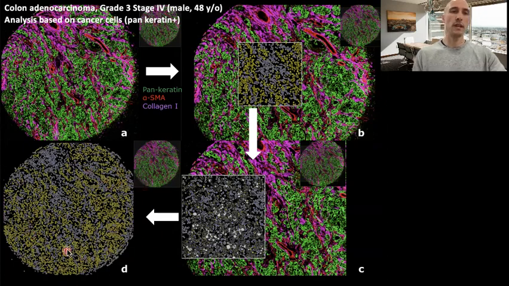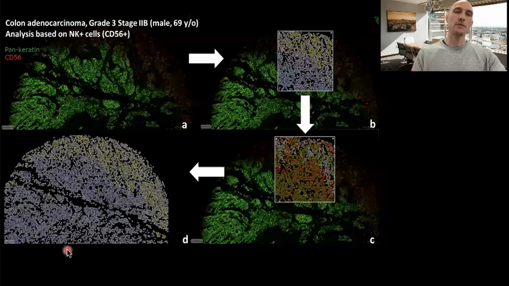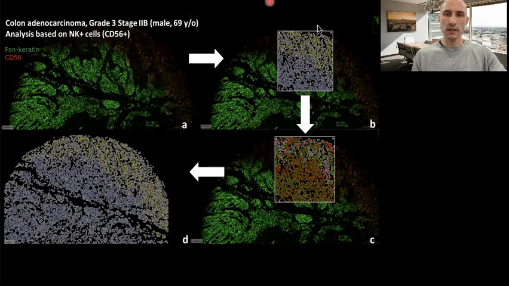We did the same for PD-L1. On the other hand, we did the same analysis for immune cells, and this is only an example showing NK cells. This is where we started, and then we ran the segmentation tool. After segmenting our cores, you can see that the software perfectly identified our immune cells, in this case, our NK cells.